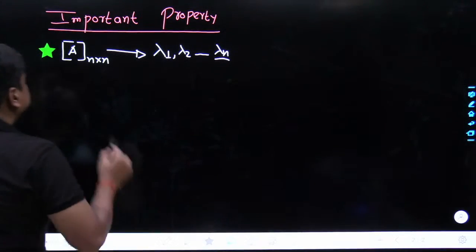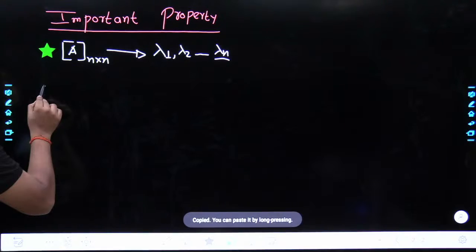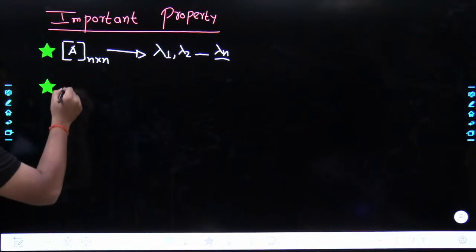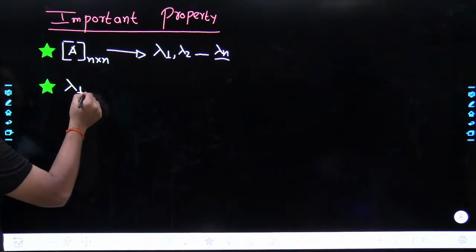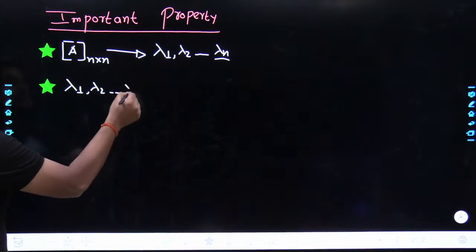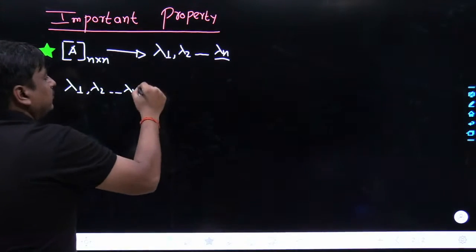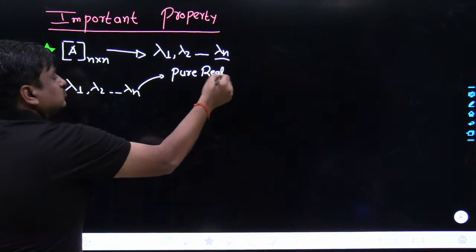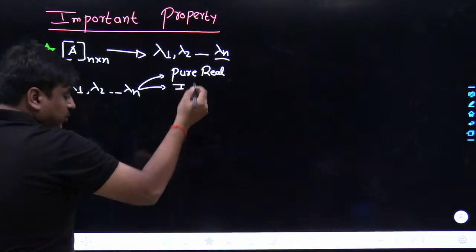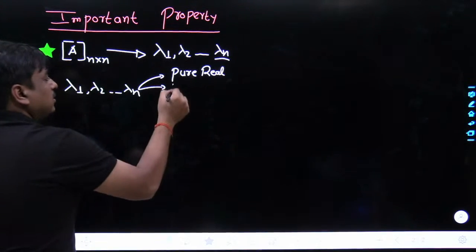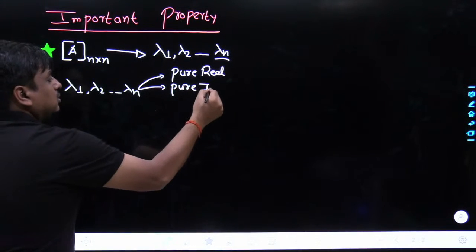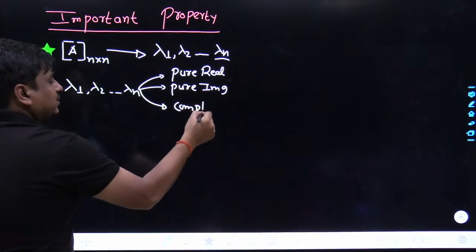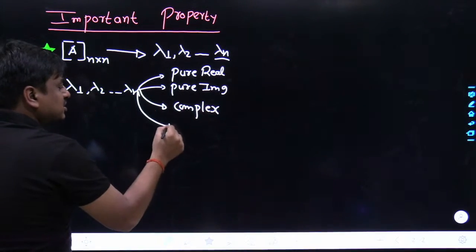Similarly, lambdas could be pure real, pure imaginary, even they can be complex, and in the worst situation it could even be zero.